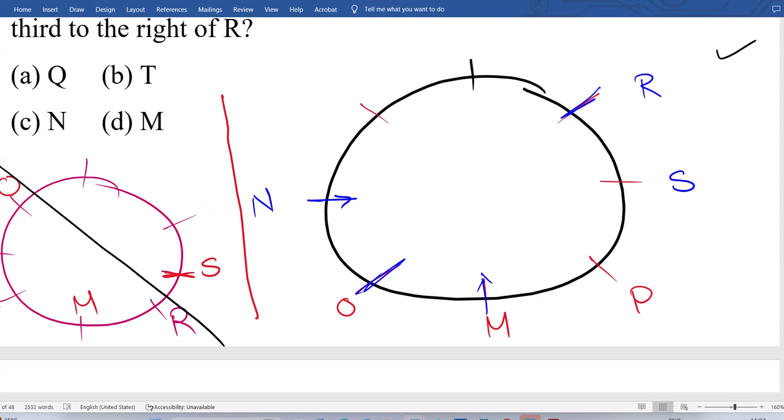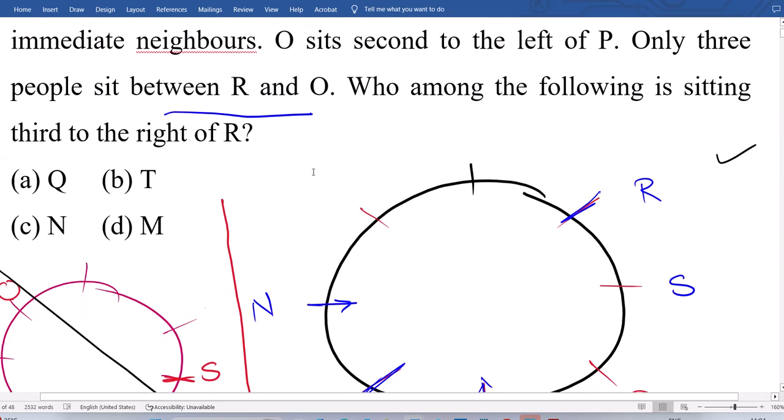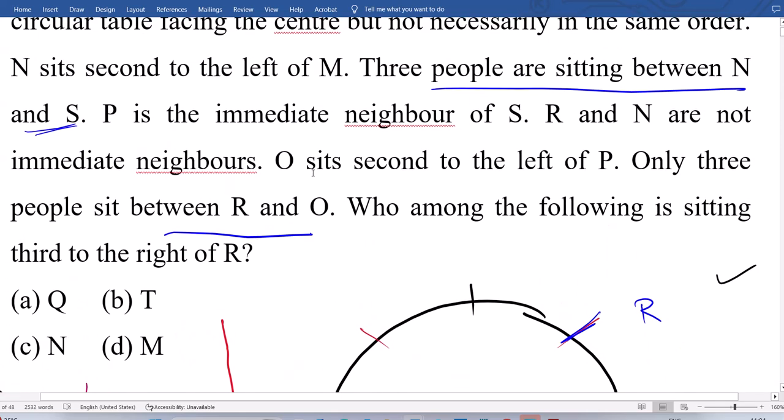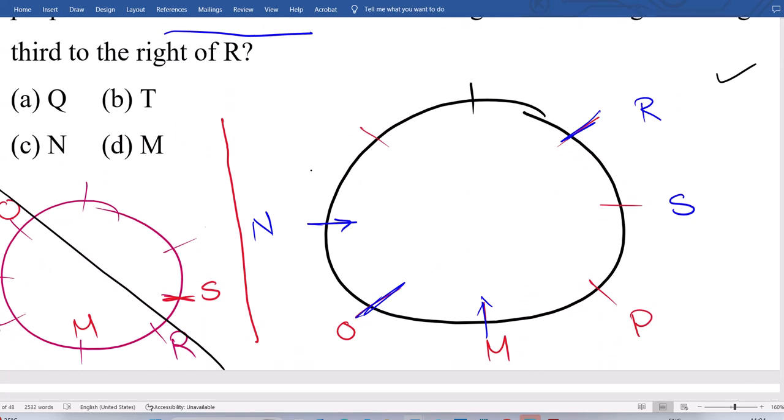It failed in this one because P being an immediate neighbor of S is required. It's true here. Now only two people are left over: T and Q. Is there any statement left over? No. Fine, the arrangement is complete: T R Q, or Q R T.